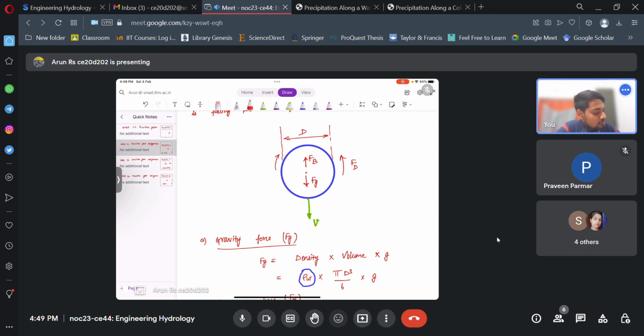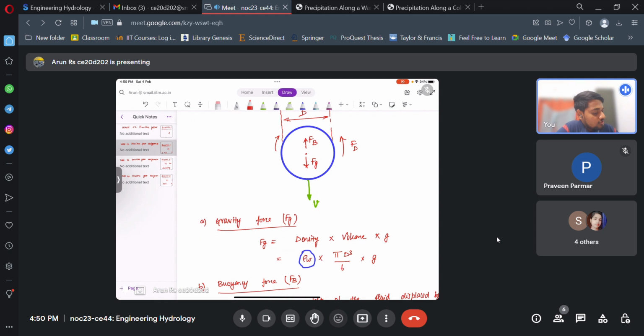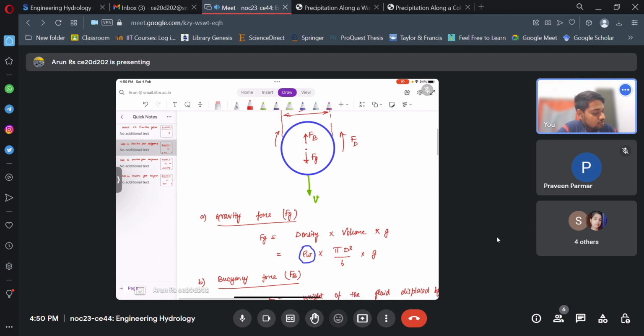And the third force is also a resisting force, a frictional force which happens along the surface of the droplet. It's called the frictional drag force, which is represented by Fd. And your droplet is falling with a velocity v.